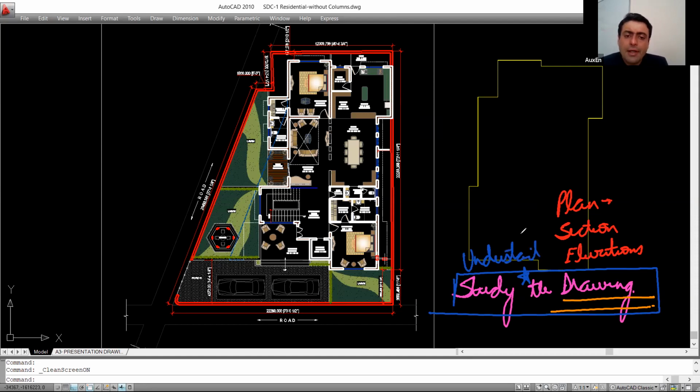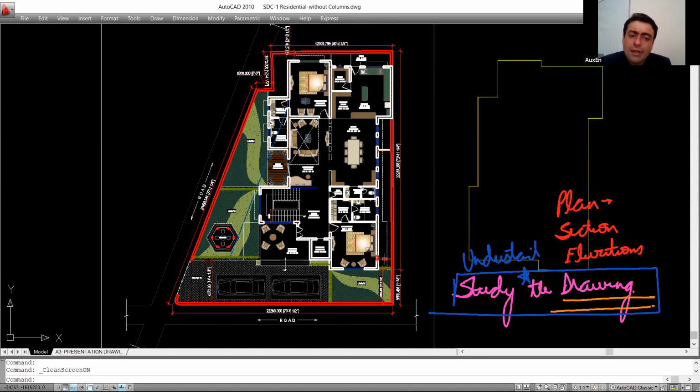Okay. See, right now this project is easy, therefore you might not appreciate the importance of this step. But when you go for complex projects, it takes a lot of effort to just study and understand the drawing.